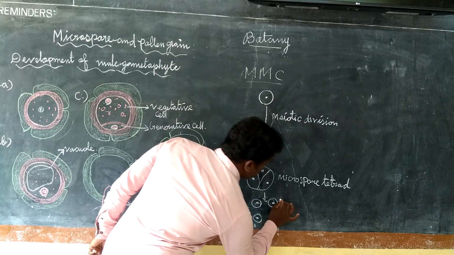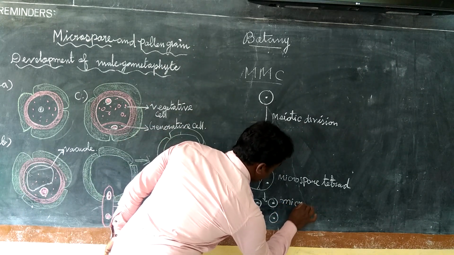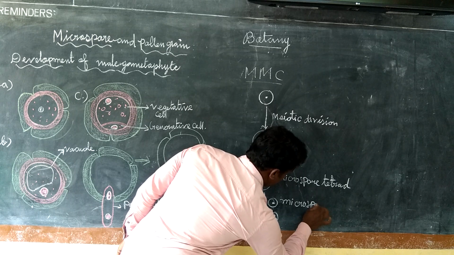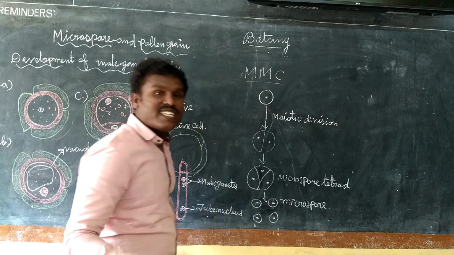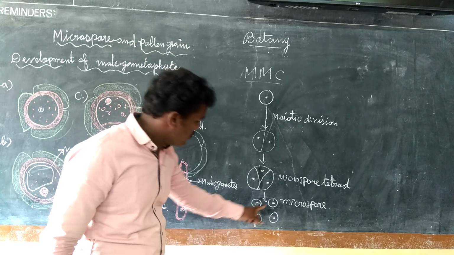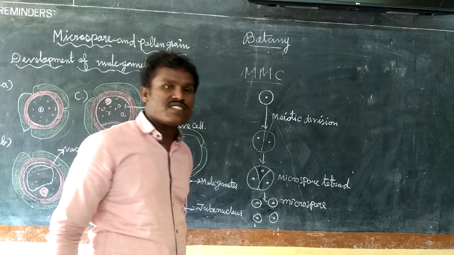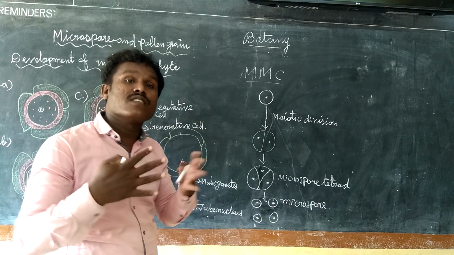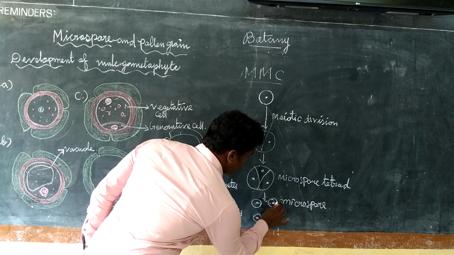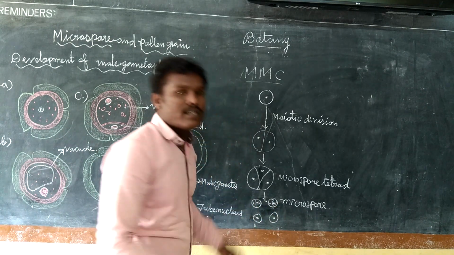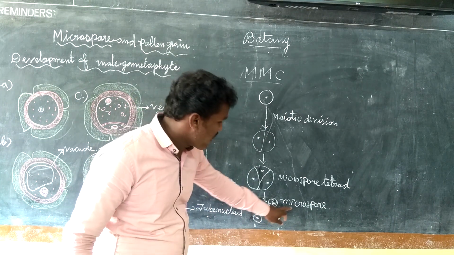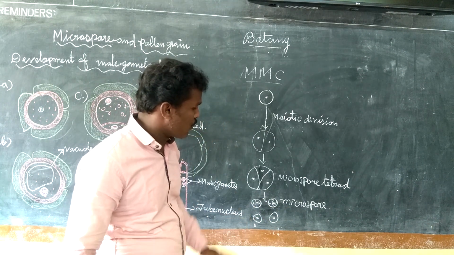This is called a microspore. The microspore has a thin wall, with dense cytoplasm and a single nucleus. Therefore it is called a microspore.